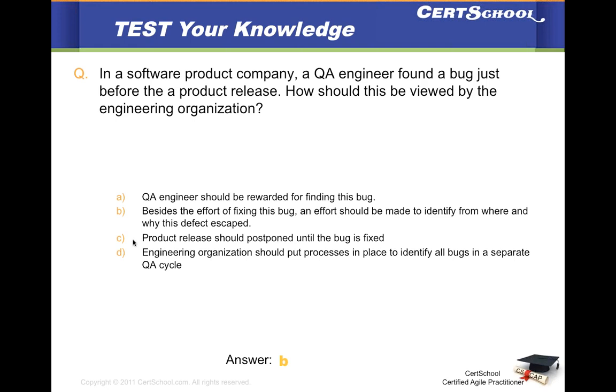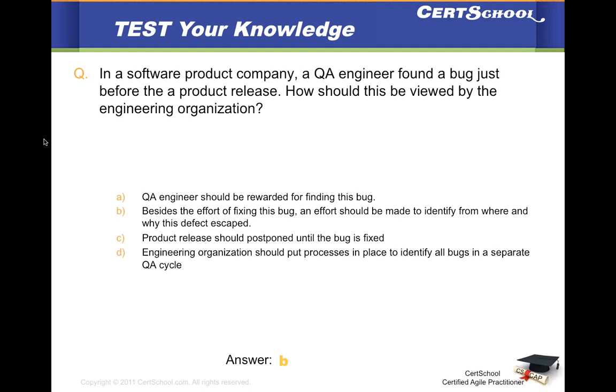And the last option that is given, the engineering organization should put processes in place to identify all bugs in a separate QA cycle. I see few of you sent that answer, but remember, if you are well versed in understanding the agile values and practices, there's no wall between dev and QA.